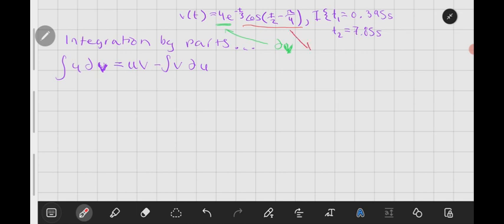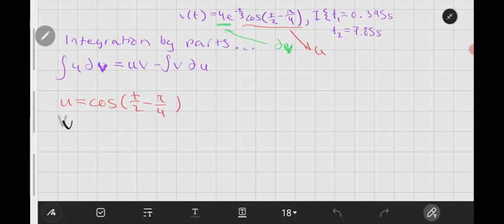We will let our cos function be u, so we say that u is equal to cos of t over 2 minus pi over 4. And dv, well, you have to work backwards.